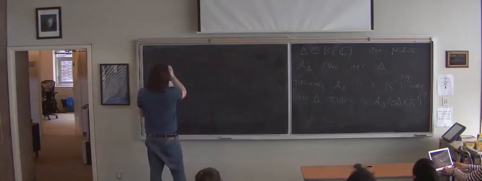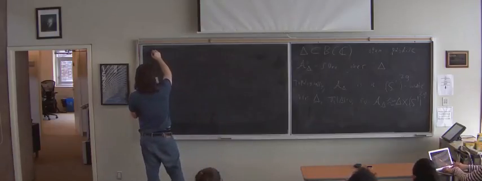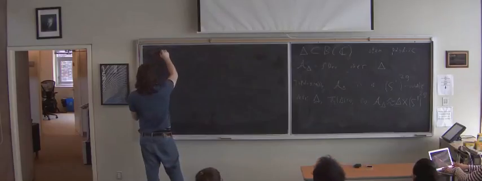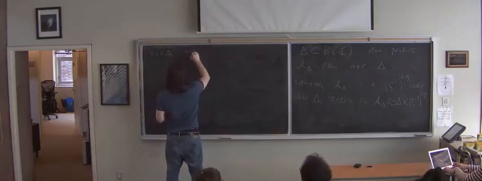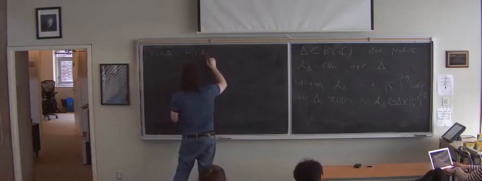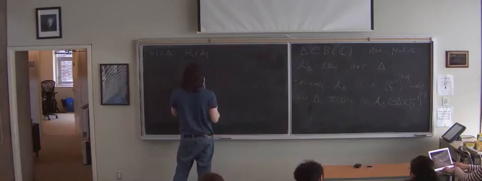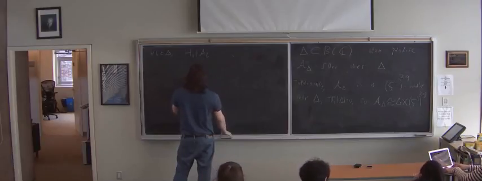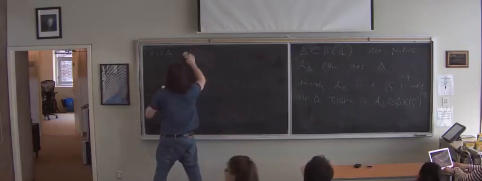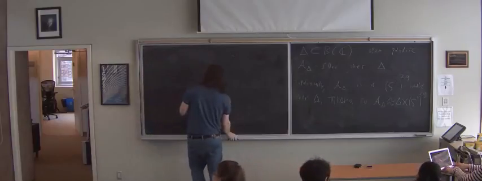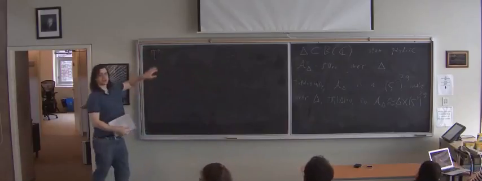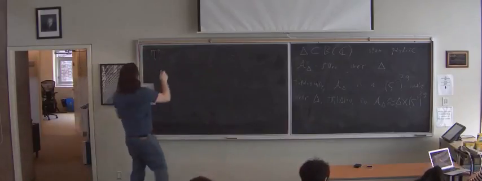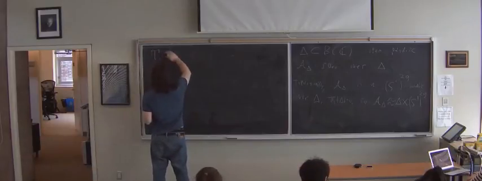Okay, so now let the T_i, these torsion sections that were in V, we're actually going to write them over delta.